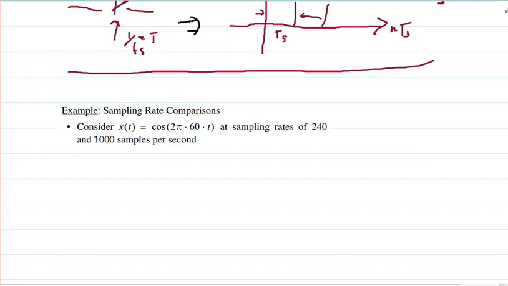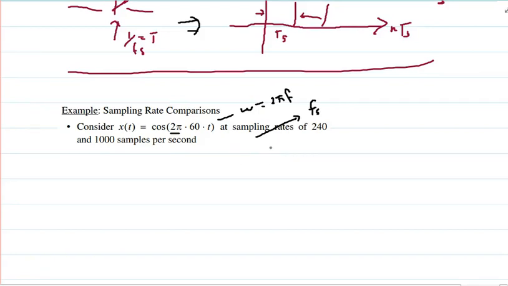We have this signal, in this example, consider x(t) = cos(2 pi times 60 times t), which is like omega equals 2 pi f, where f is the analog frequency, and the sampling rate Fs is 240 samples per second.